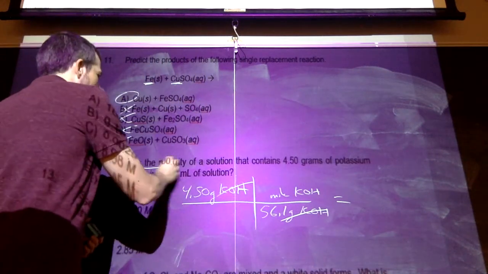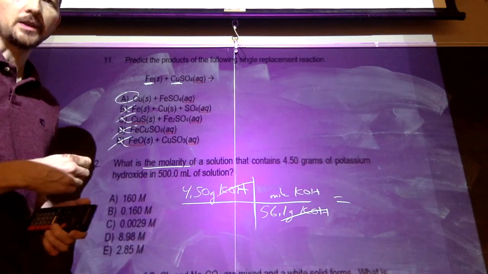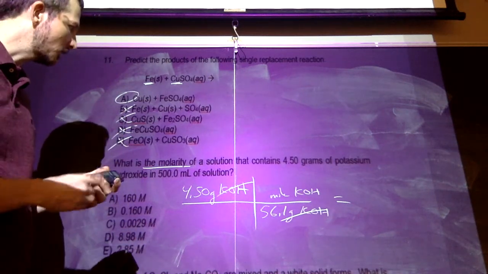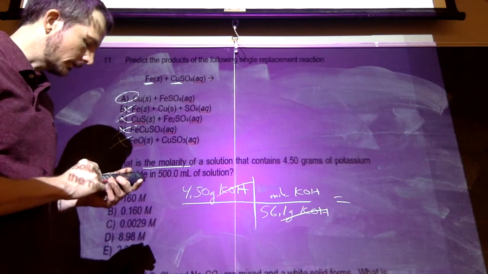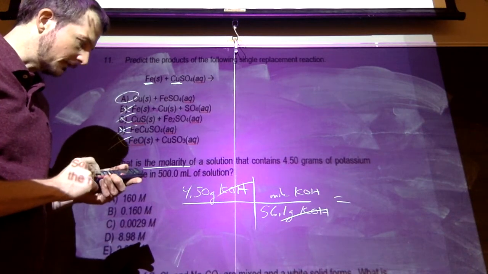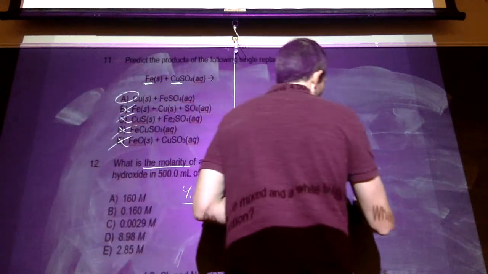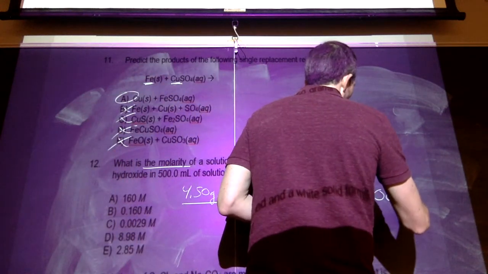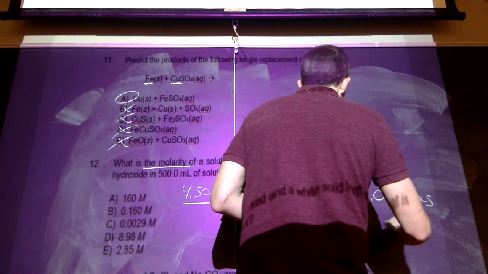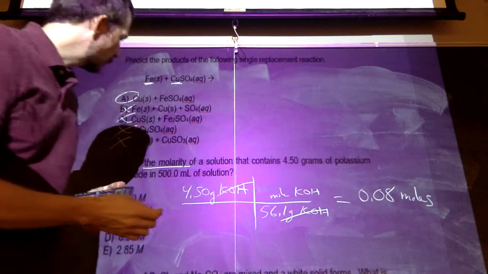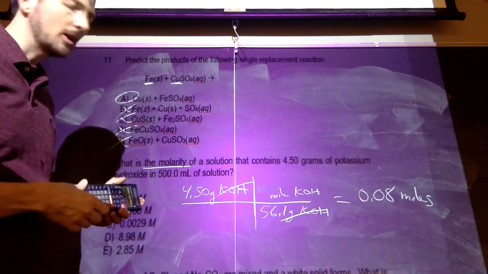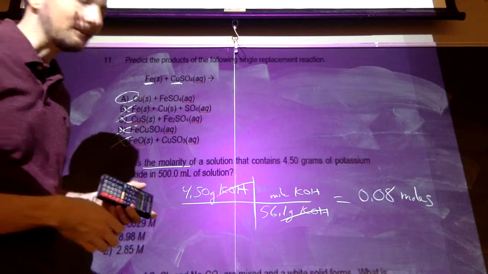It says what's the molarity? Remember that molarity is moles per liter, so that's why I need the number of moles. So 4.5 divided by 56.1 is 0.08. And in 500 milliliters of solution, that'd be 0.5 liters.